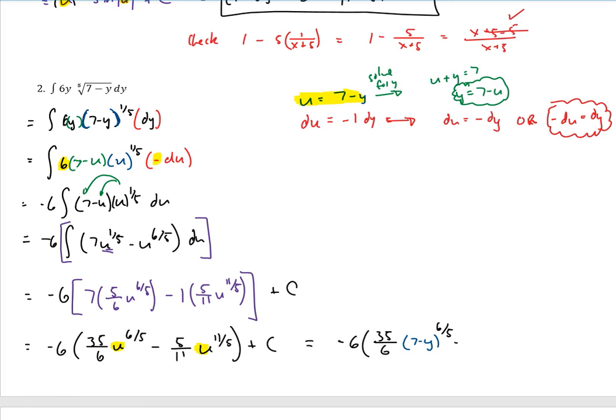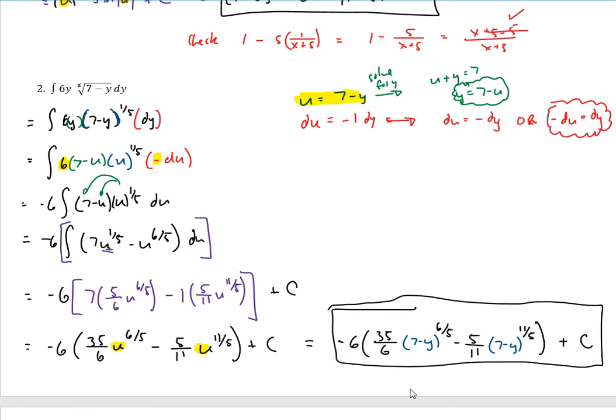And then we have minus 5/11 u, which again is 7 minus y. This time around, though, it's raised to the 11/5 power. And then we still have plus our constant. There we go. Okay, so that is our answer for this problem. Let me fix that box.